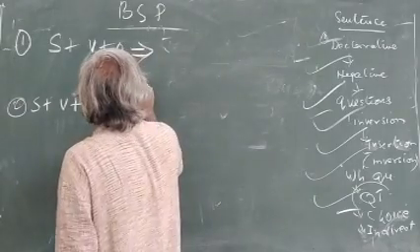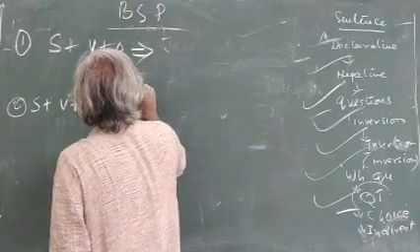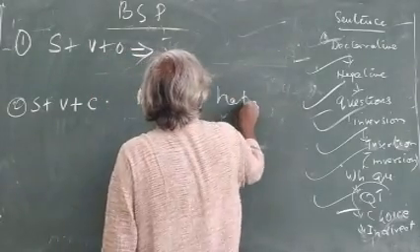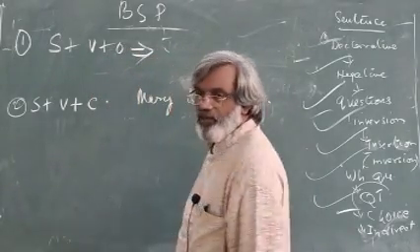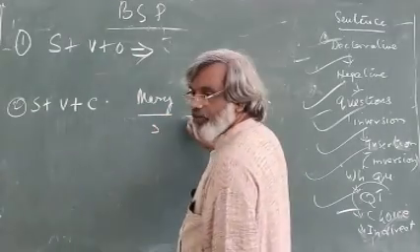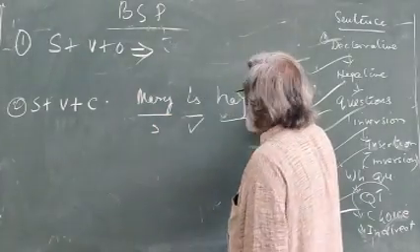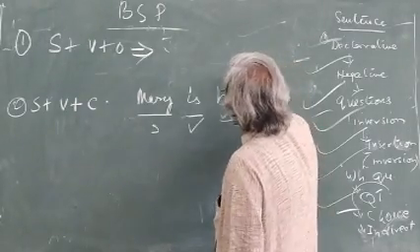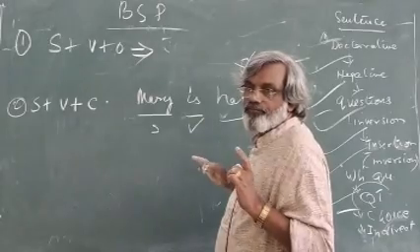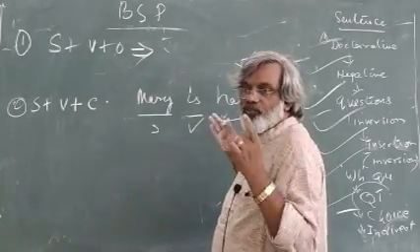Example: Mary is happy. Here Mary is the subject, is the verb, happy is not an object. Why? It is not a noun. Not being an object means it is not a noun.